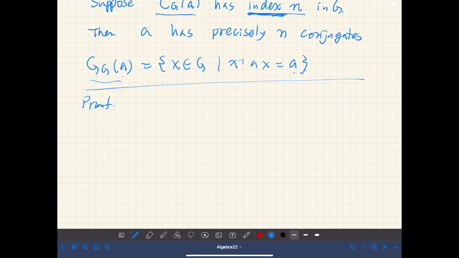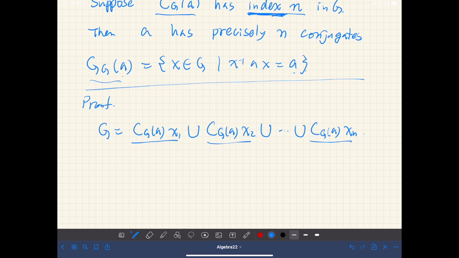That means the group G can be decomposed into a union of n cosets: CG of A x1 union CG of A x2 union and so on, CG of A xn. By the way, each of these is a right coset of the centralizer.